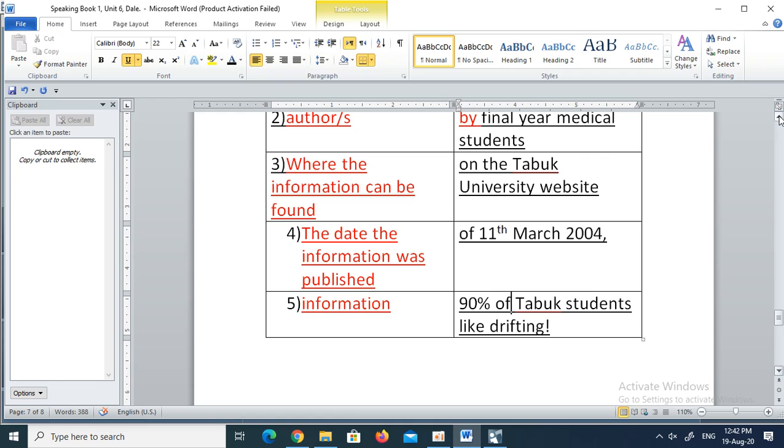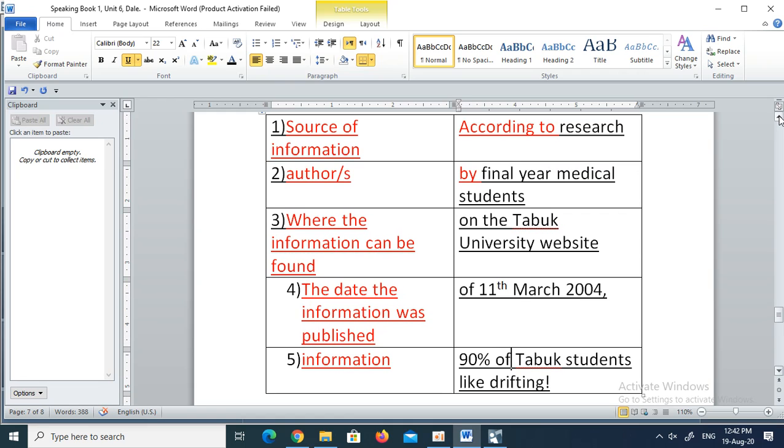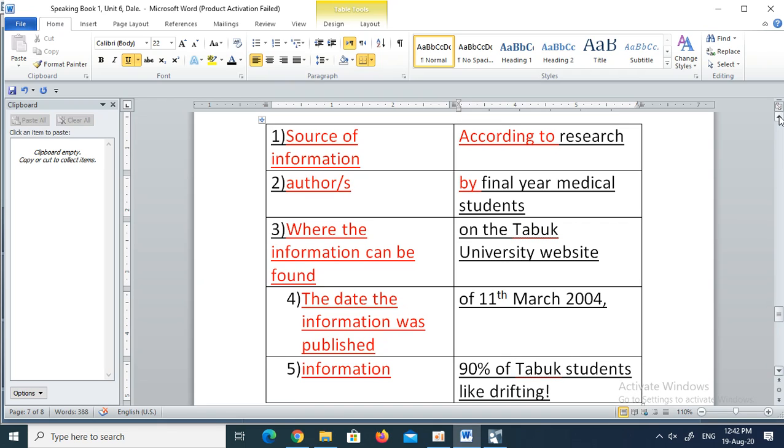So, if I write an article on drifting, I cannot just say 90% of Tabuk students like drifting. I have to tell you that I got that information from the research that was done by the final year medical students and published on the Tabuk University website at such and such a date.